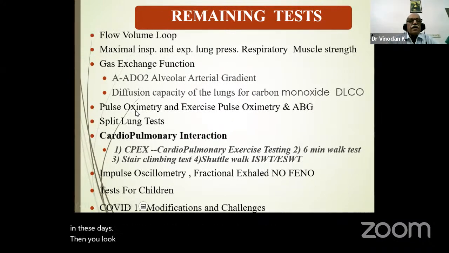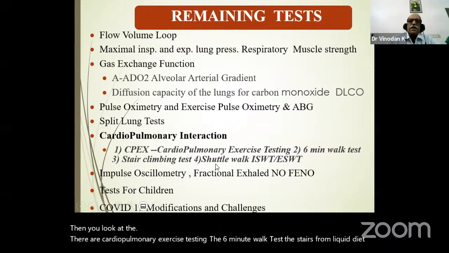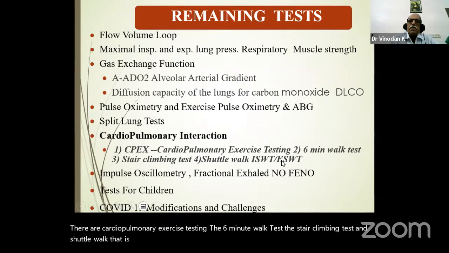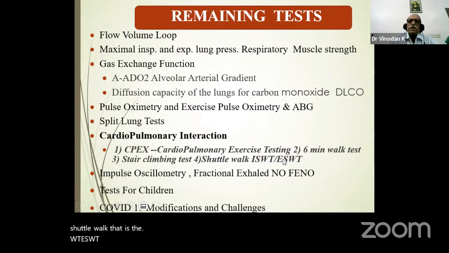Then you look at the cardiopulmonary interaction. There are cardiopulmonary exercise testing, the 6-minute walk test, the stair climbing test, and the shuttle walk, that is the ISWT and the ESWT, the incremental shuttle walk test and the endurance shuttle walk test.